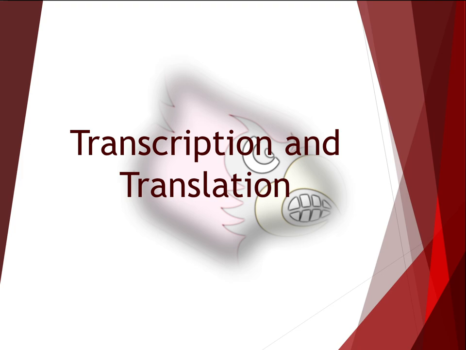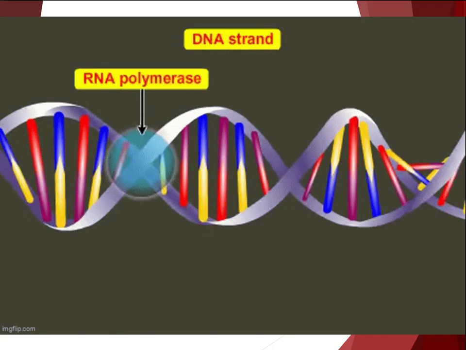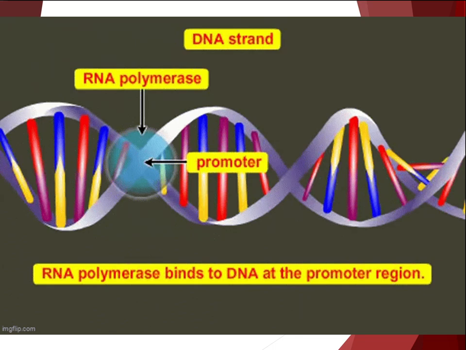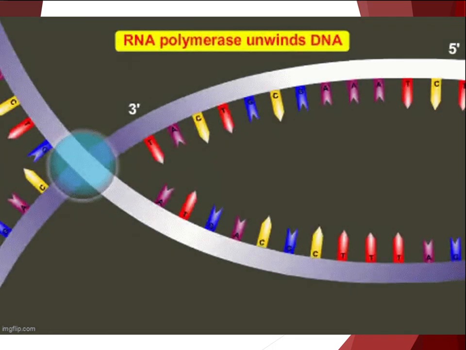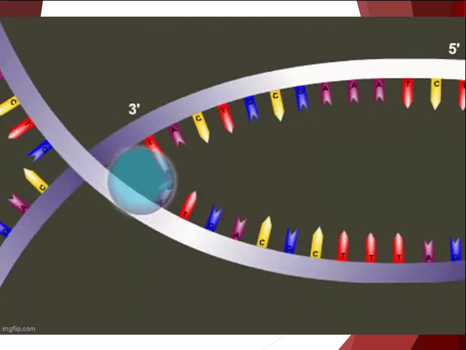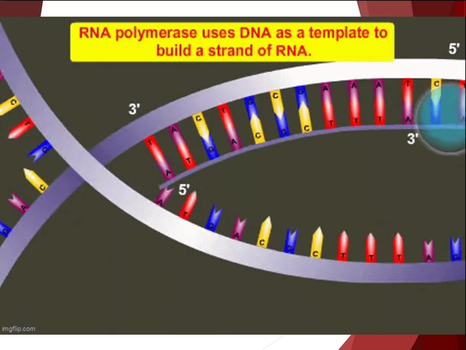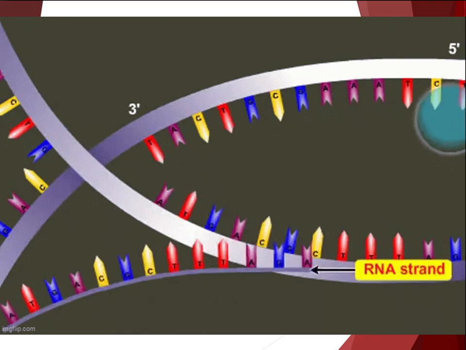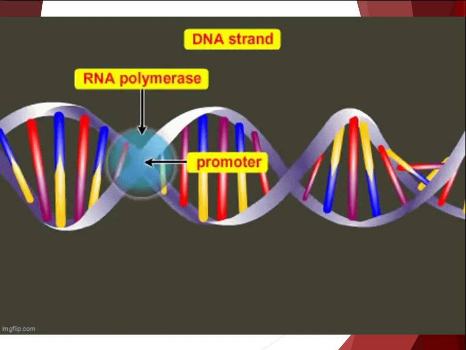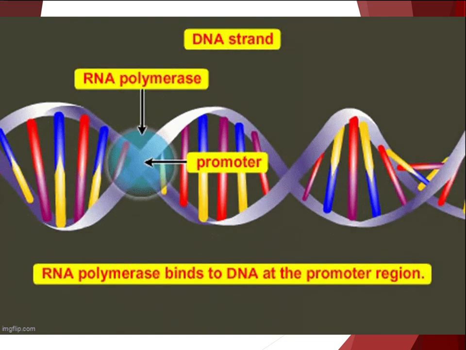Our next main idea, transcription and translation. The cell copies the information that is in a gene by making complementary messenger RNA strands, or mRNA strands. This process is called transcription.